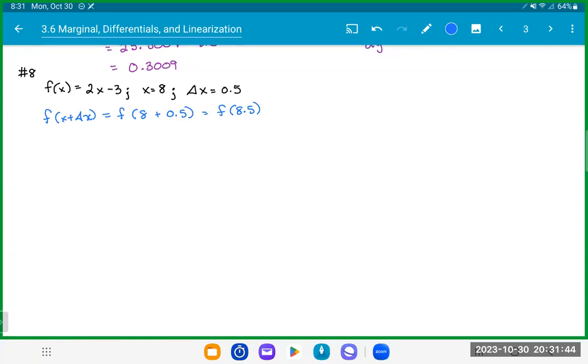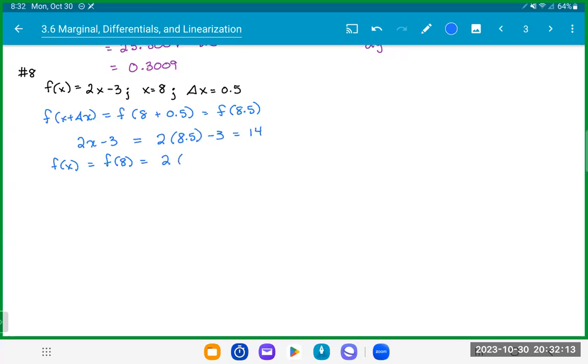If we look at our function, that was 2x minus 3. So that's 2 times 8.5 minus 3, which is 14. Now looking at our f of x by itself, we're just evaluating that at f of 8.